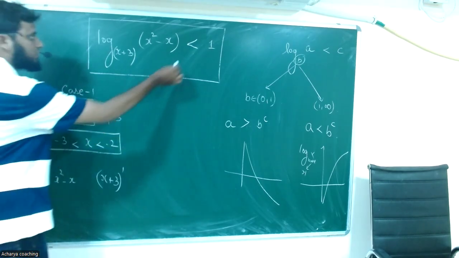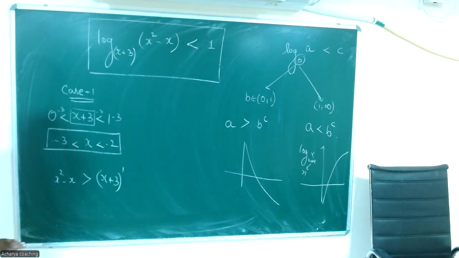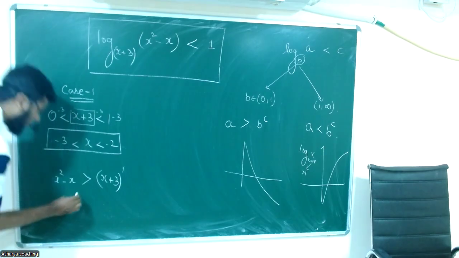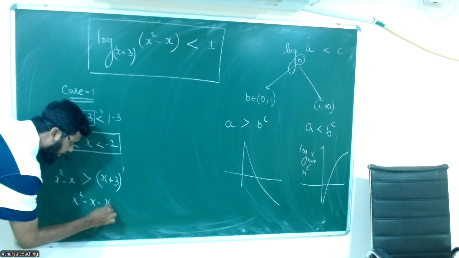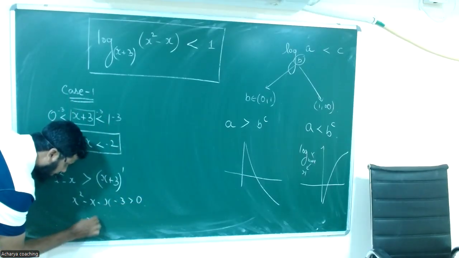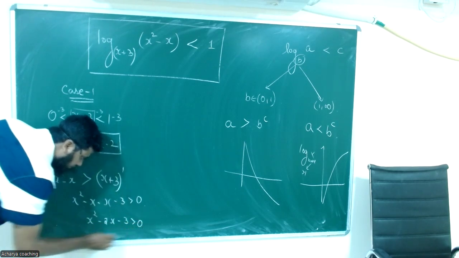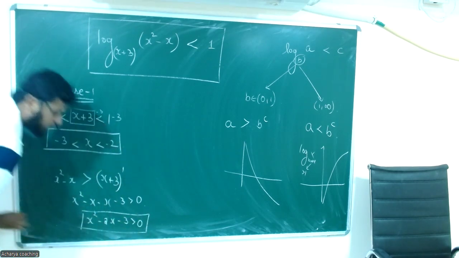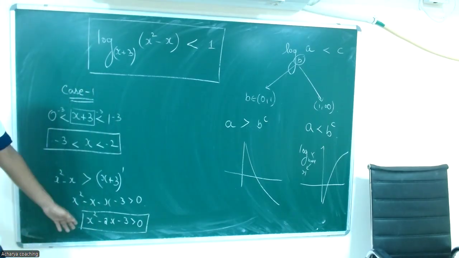So now what we have to do, this less than symbol will change to greater than. Any doubt in this? So now what we have, x square minus x. If this comes here, minus x minus 3 greater than 0. So this will be x square minus 2x minus 3 greater than 0. Any doubt in this? After this, what we have to do? We have to factorize this.